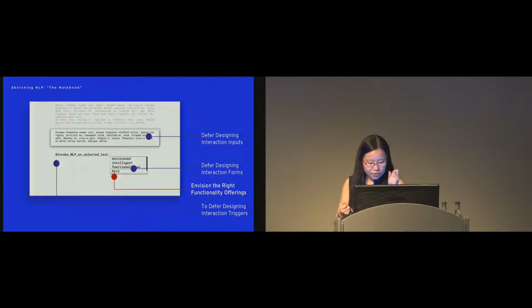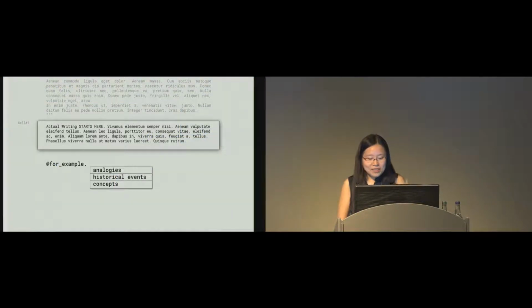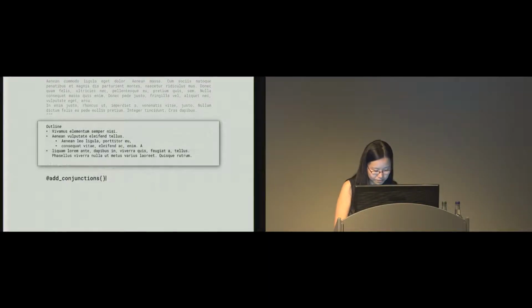We want to, for the moment, focus on envisioning the right functionalities to offer, rather than worrying about how it is triggered, when it is triggered, whether it's applied to the right text, and so on. For example, if the user types, we found that they often like to see some sort of auto-completion of examples based on the previous sentences.